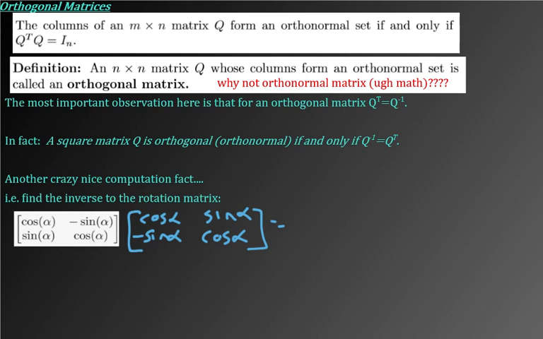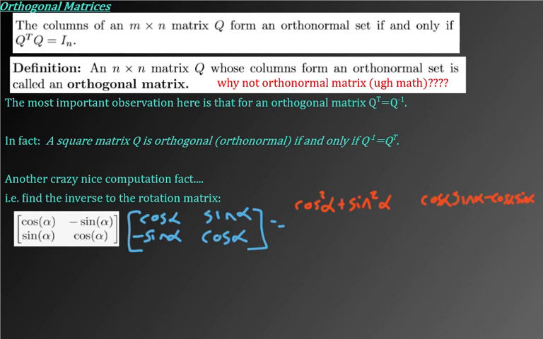And if we just do rows times columns, notice you get cosine squared alpha plus sine squared alpha in the first entry. Then you would get cosine sine minus cosine sine.